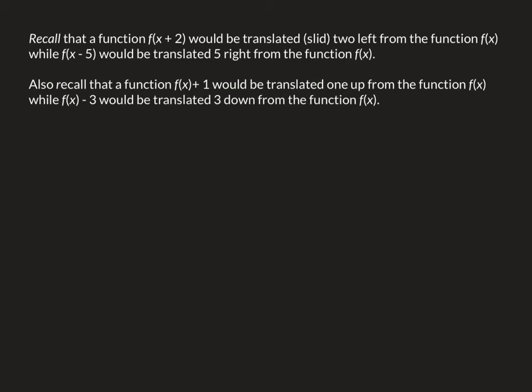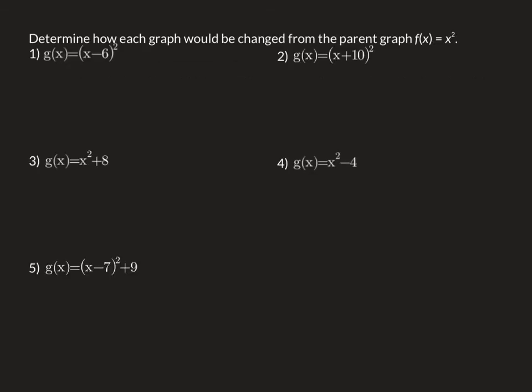Okay, let's use this information to help us do these few examples. Our directions ask us to determine how each graph would be changed from the parent graph of f of x equals x squared. In number 1, we have x minus 6 quantity squared. The minus 6 is inside the function, so the minus 6 happens before the squared does. This means it affects the left and the right.